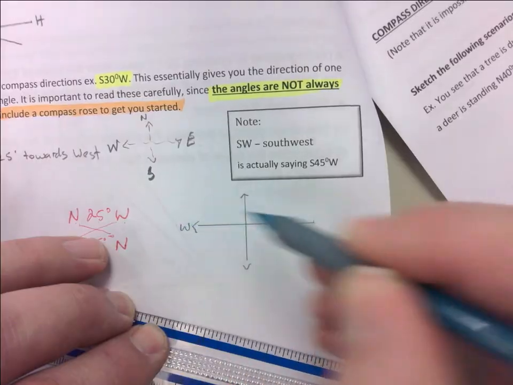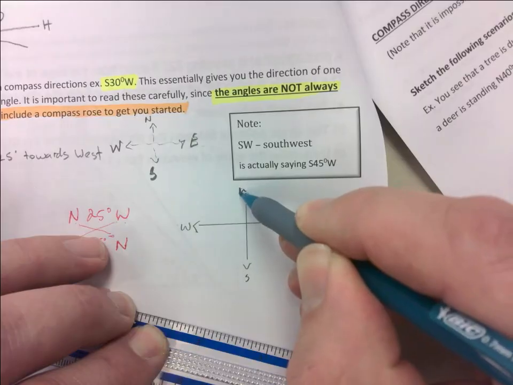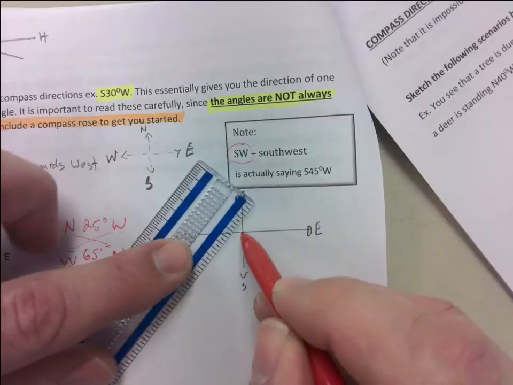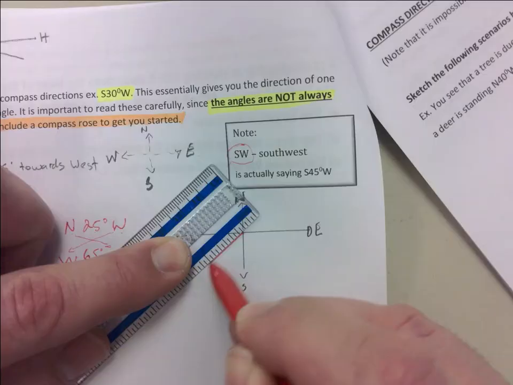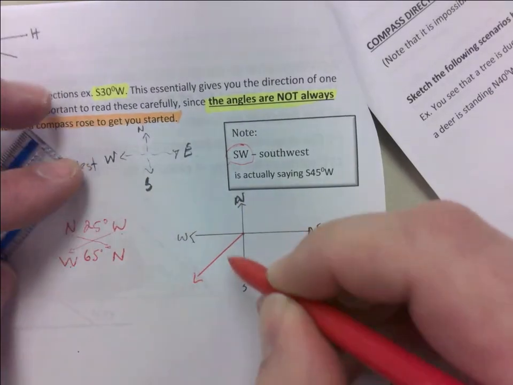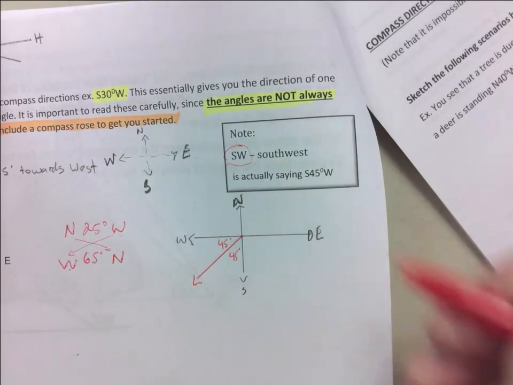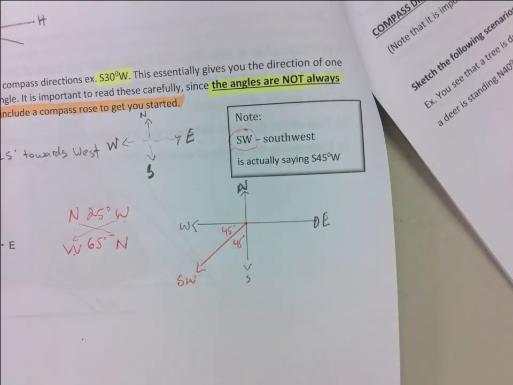This is west, and this is east. So if it says southwest, you're splitting this 90 between south and west exactly in half. So you've got a 45 and a 45. So we call it the southwest direction.